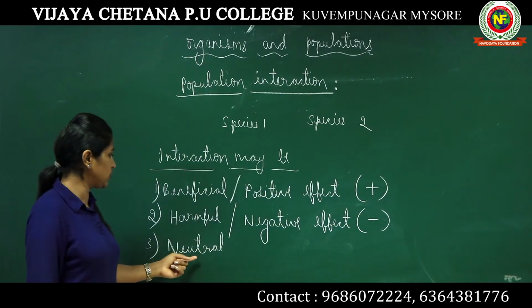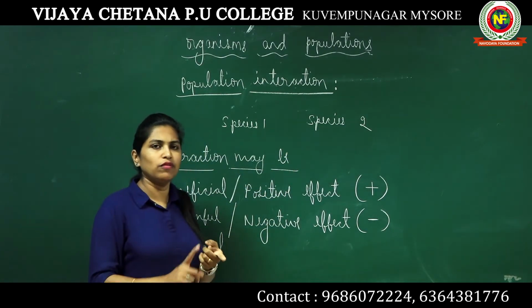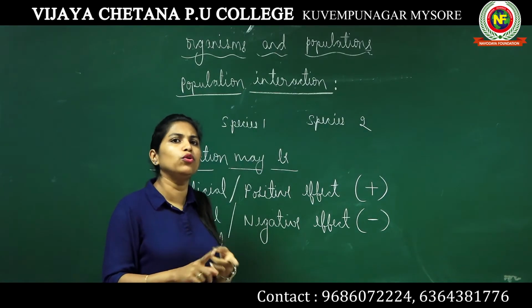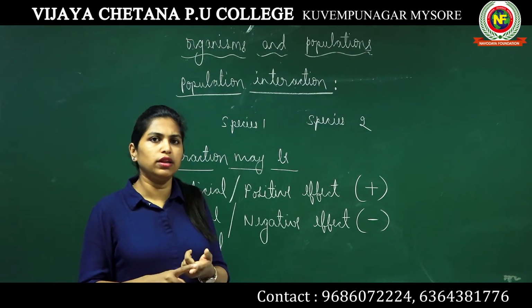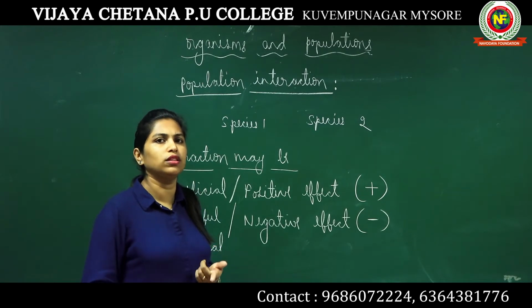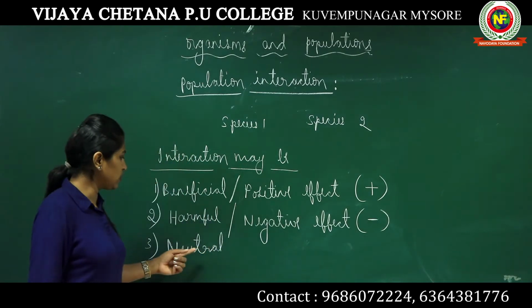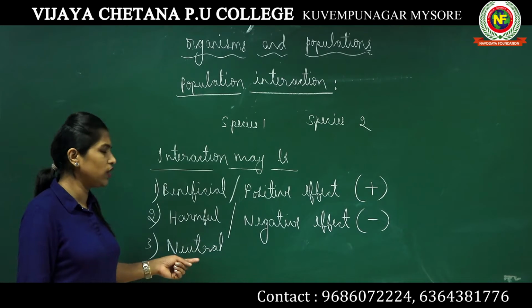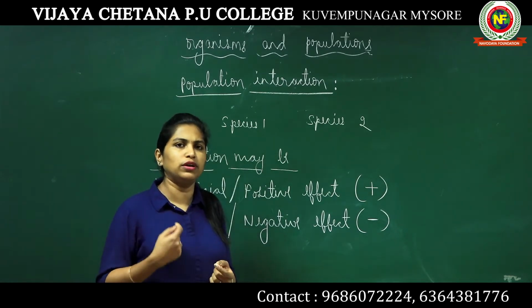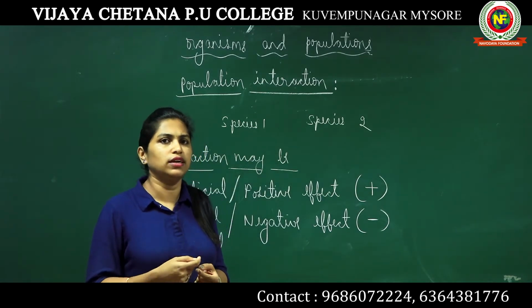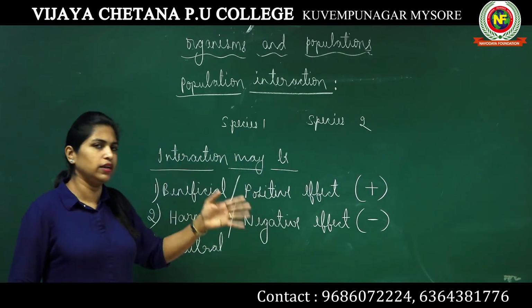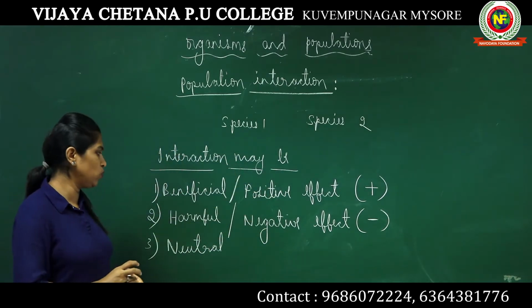Such type of interaction is known as neutral. Neither the species are benefited nor they are harmed. For all the different types of interaction, I will be giving you certain examples when we study different types of interaction one by one.